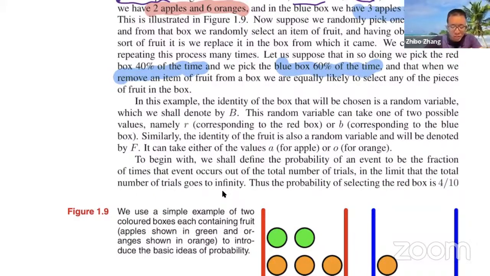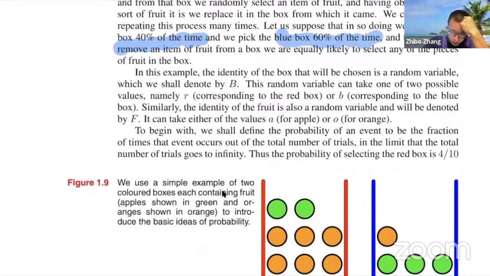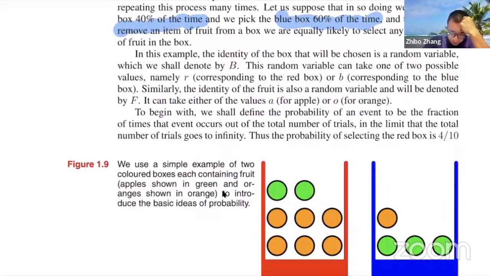In this example, the identity of the box that will be chosen is a random variable, which we shall denote by B. This notation represents which box you're going to choose.